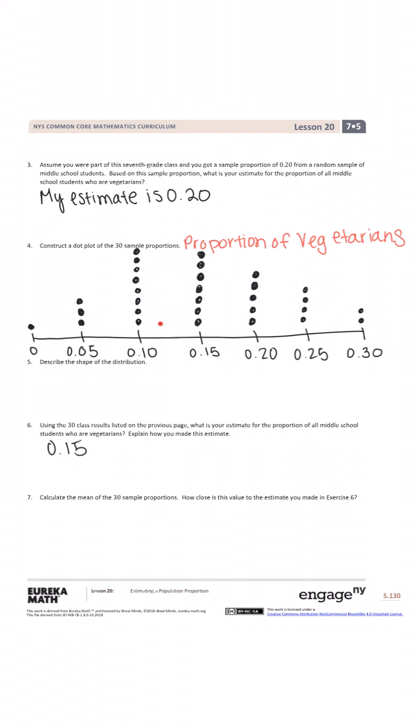They're very condensed towards the middle, and my 3 biggest values are from 10/100ths to 20/100ths, and 15 hundredths is in the middle. So we can say about 15 hundredths, and that the sample proportion cluster is from 10 hundredths to 20 hundredths.